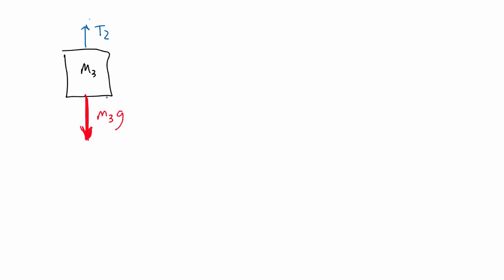So once we have this, we already have our givens. We have the acceleration, which is the same thing we had before. We still don't have T2, but here's what we're going to do. We're going to write our Newton's equation. Net force on 3 equals M3 times A3, which is just going to be our acceleration that we got before. Same acceleration. How do I know it's the same acceleration? They're all connected.